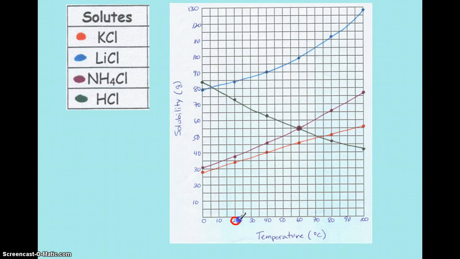So 20 degrees for HCl, there's my data point. That's 73 grams. So what this data point means, again, is, I'm trying my best to write with my mouse, 73 grams of HCl in 100 grams of solution or water.